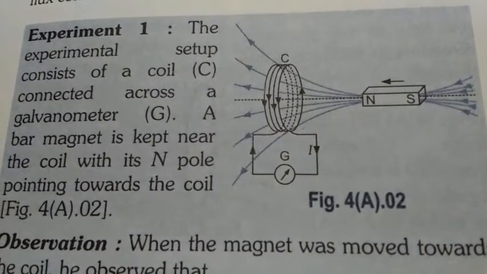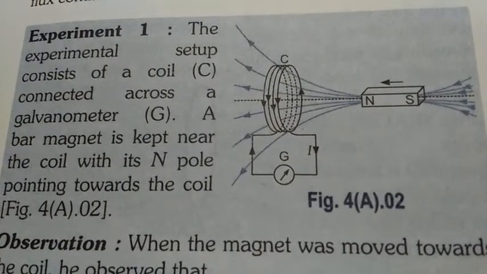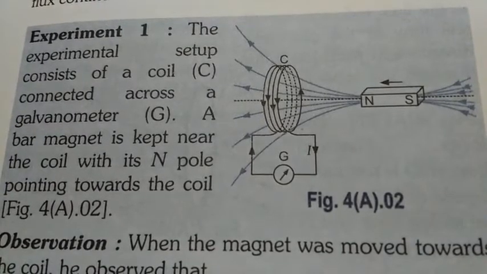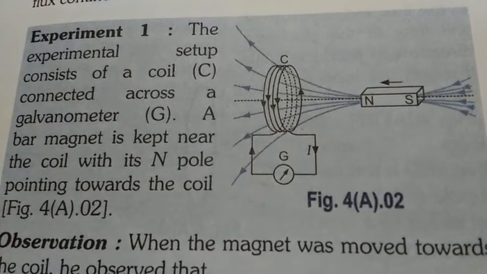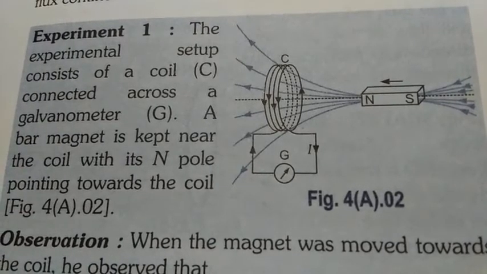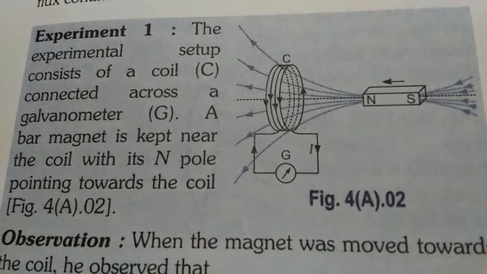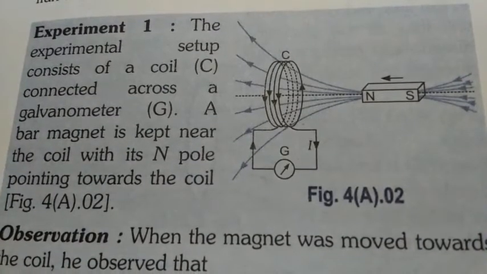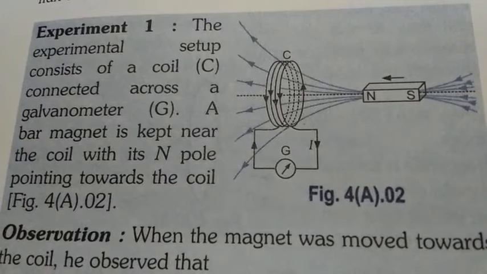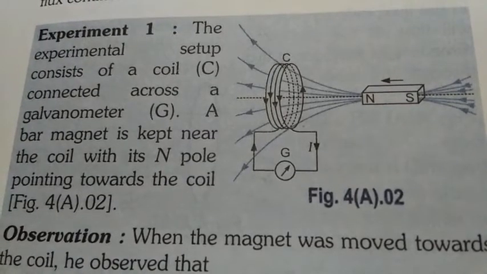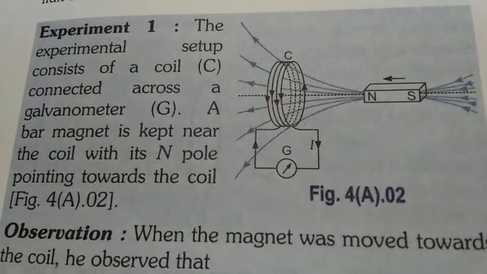When the bar magnet is moving in one direction, the galvanometer shows deflection in one direction, but when the bar magnet is moving in the opposite direction, the current also will be in the opposite direction, and hence the deflection in the galvanometer is in the opposite direction. So from here we have some conclusions of this experiment.